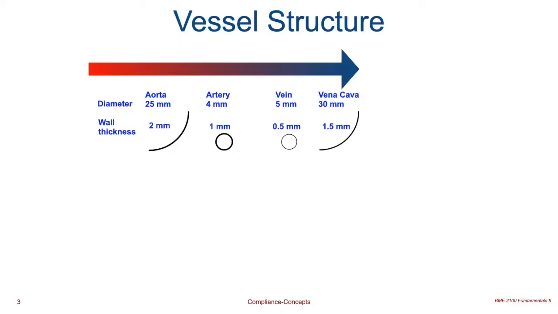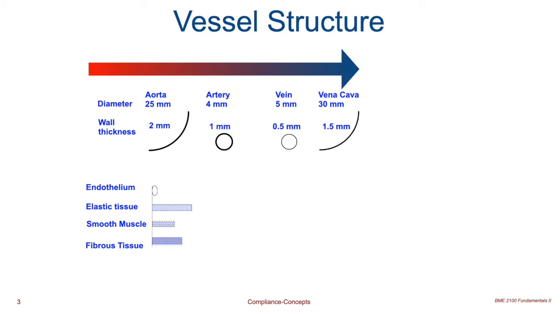And if we look across that system of vessels you just saw and compare different features like the cross-sectional area, the wall thickness, even the structure of the different tissues that make up the vessel walls in different parts of the vascular system, then we see there's quite a variation.